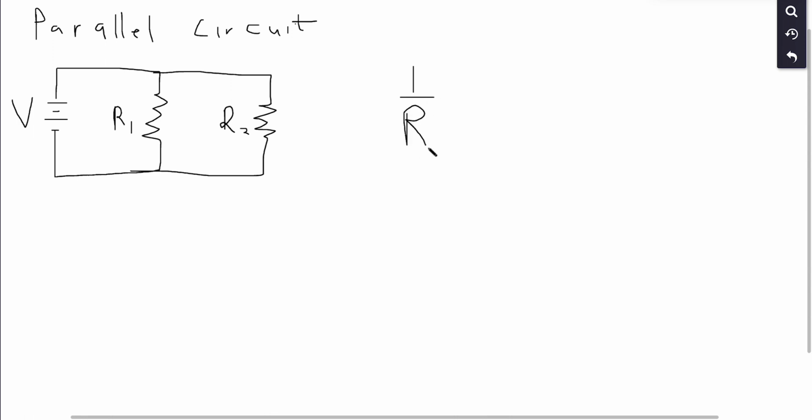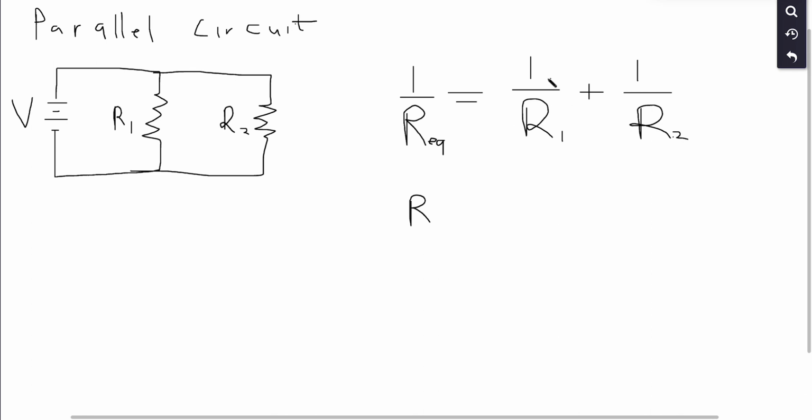The equivalent resistance is 1 over the quantity 1 over R1 plus 1 over R2, and then you can go on and solve for the equivalent resistance.